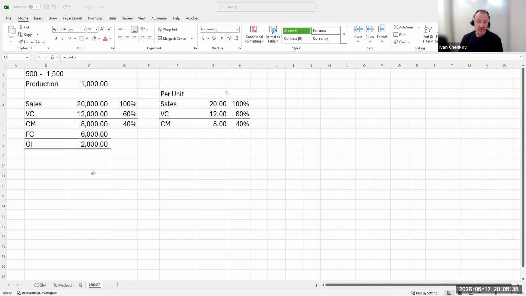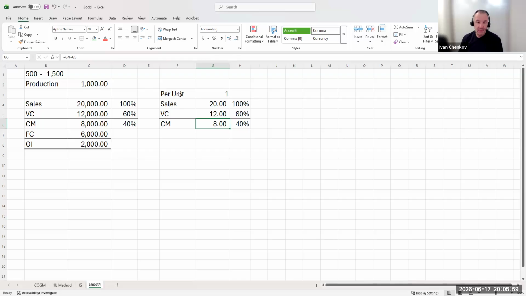If the sales decline to 900 units, what will be the net operating income? So if we're selling 900 instead of 1,000, what's going to happen? We're going to lose the contribution margin of those 100 units. So at this point we're selling 1 unit, we're getting contribution margin of $8.